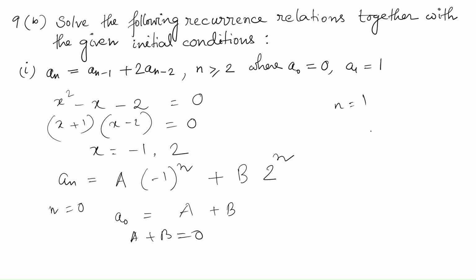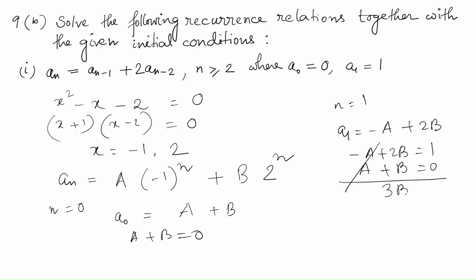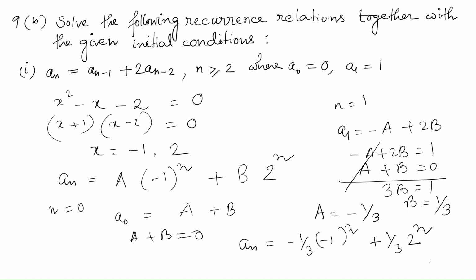Putting n equals 1, a1 equal minus a plus 2b. a1 is 1 given, so minus a plus 2b equal 1. We have a plus b equals 0. If we solve, add, 3b equal 1, b equal 1/3. So a equal minus 1/3. Now we can write a n as minus 1/3 into minus 1 power n plus 1/3 into 2 power n. This is the required solution.